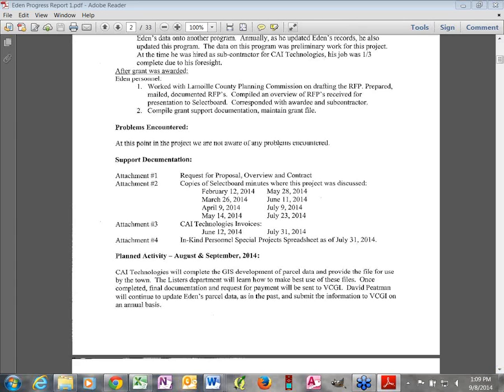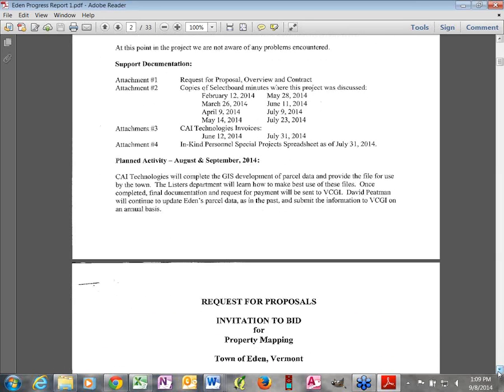Identification of problems, there weren't any for them, obviously. You could identify our little match mix-up as a problem if you want, but if there's any other issues that came up that were surprises, you could include those. And as you can see, she just lists the invoices here and then a little paragraph about what's coming in August and September. And her attachments are here; I think she scanned everything in.